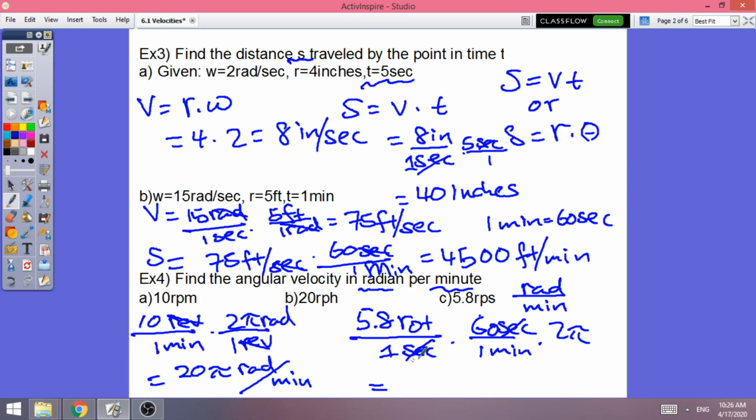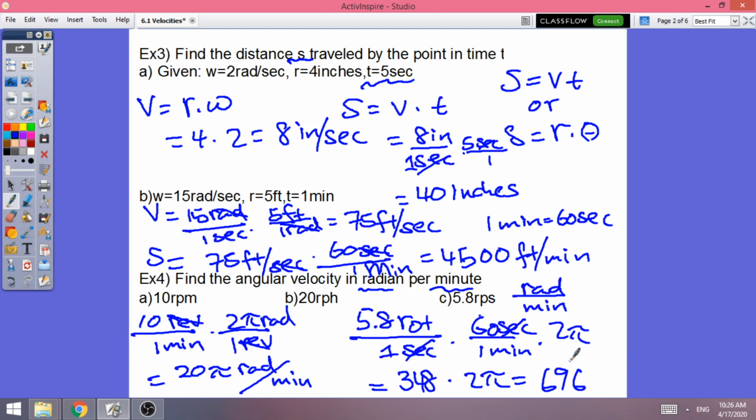Again, same unit, cross cancel. So 5.8 times 60. 8 times 6 is 48. 5 times 6 is 30, plus 4, 348. And then the decimal point, the 0 got canceled, so 348 times 2 pi. 8 times 2 is 16. 4 times 2 is 8, plus 1, 9. 3 times 2 is 6.